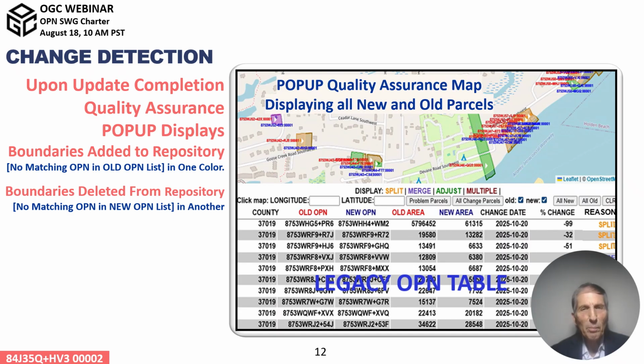Upon completion of the repository update, a list of all new OPNs in the latest saved map are compared to a list of the OPNs in the OPN repository to generate a quality assurance pop-up change map. All new boundaries added to the repository, no new OPN in the new OPN list has a match in the OPN list, are displayed in one color, and all the boundaries deleted from the repository, no OPN in the old OPN list has a match in the new OPN list, are displayed in another color.